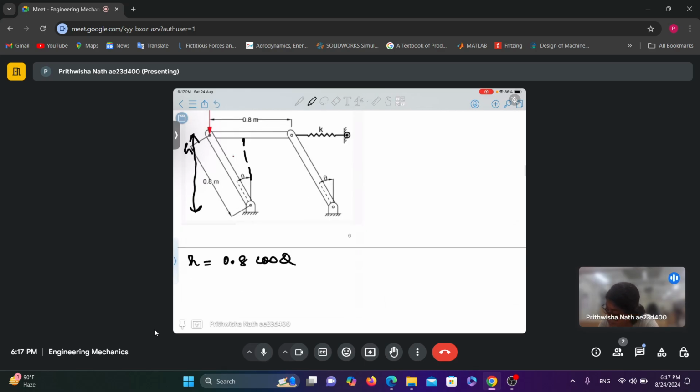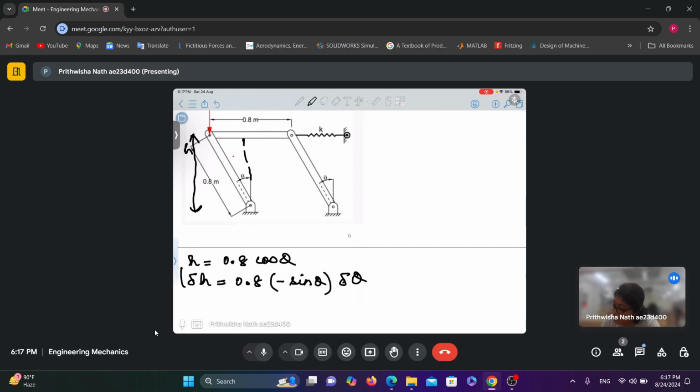So delta H would be 0.8 minus sine theta delta theta.